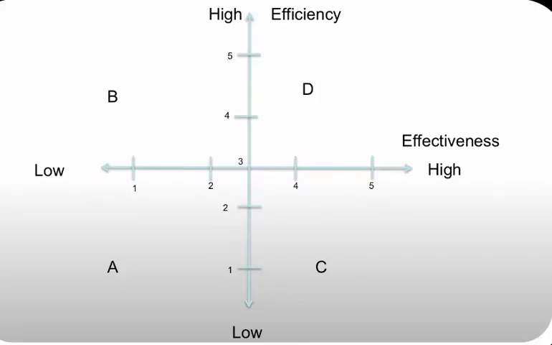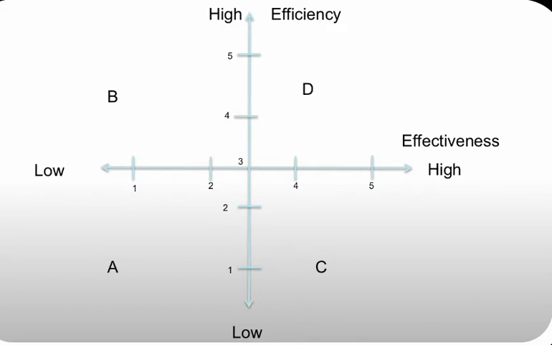Now let's look at the next section of the handout. This is going to be a way for you to graph out where your organization that you are assessing falls on efficiency and effectiveness. You can think of both constructs as ranging from low to high. So we can be low on efficiency, or we can be high and concentrate on efficiency, or we can be low on effectiveness, or we can really concentrate on effectiveness.